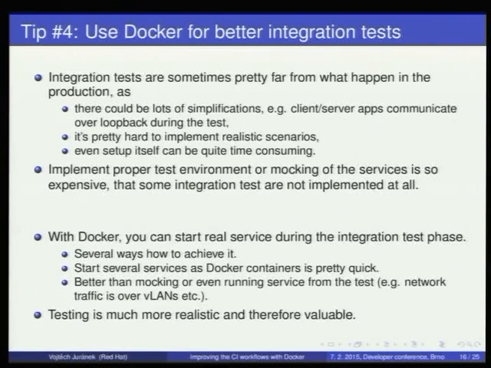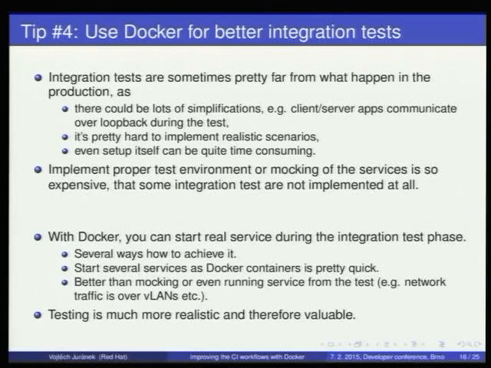So this is pretty easy, but Docker can be useful even in this pretty trivial setup because, in this case, what you typically do is start both server and client on localhost, and they communicate over a loopback. So when you push it into production and it communicates over the wire, there could again be some other issues.